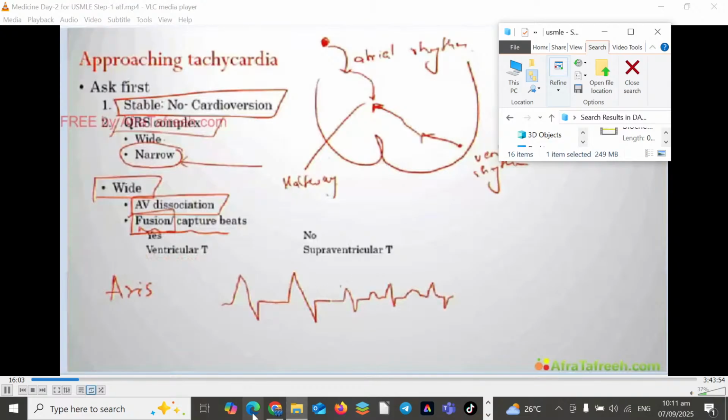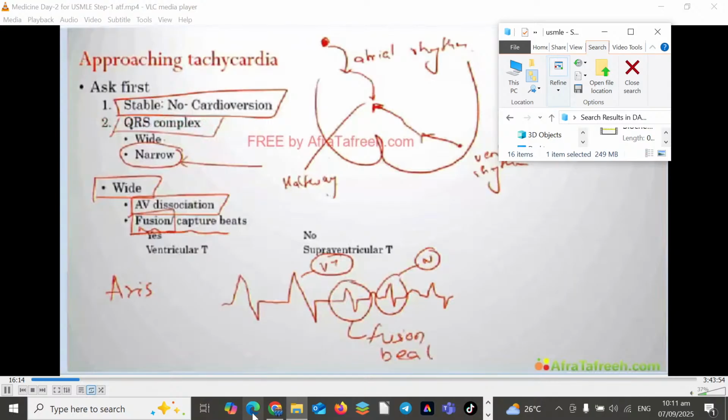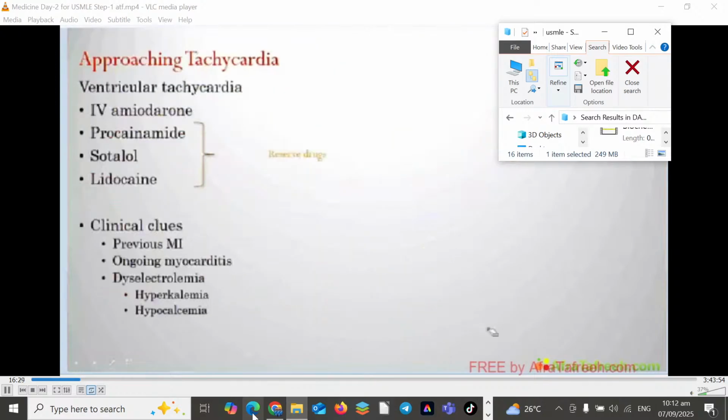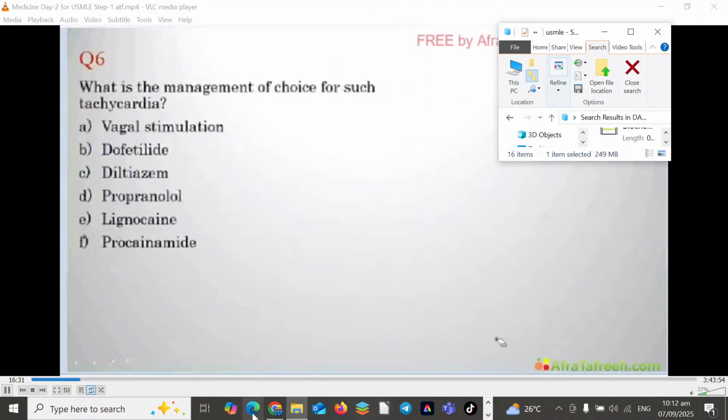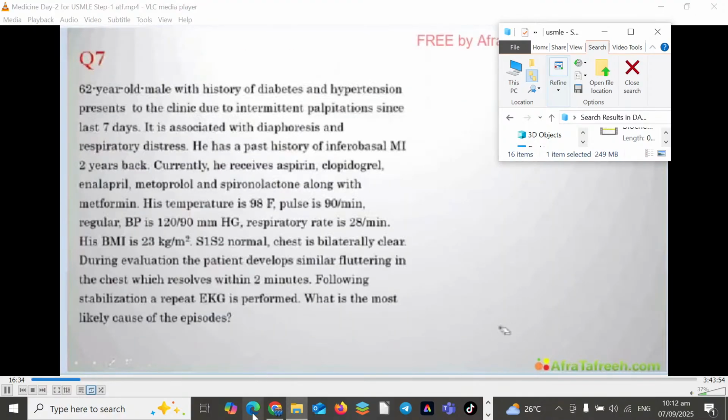That means this is a normal beat, this is a VT beat, and this is the fusion beat. Okay. What you need to know here is where is the fusion?